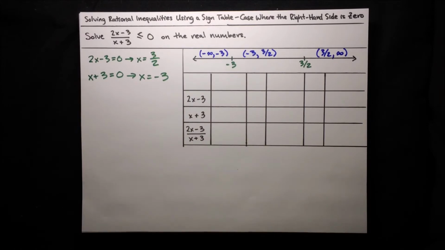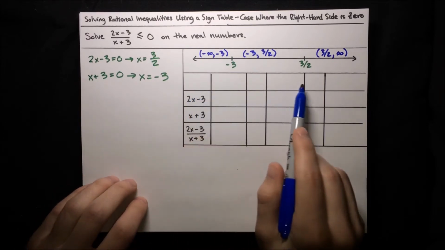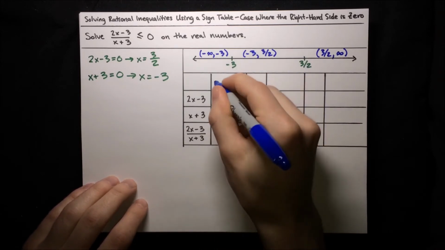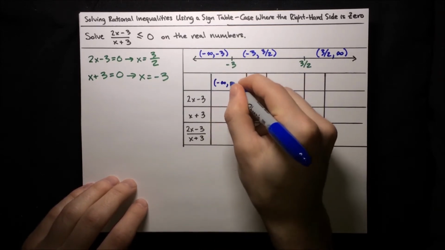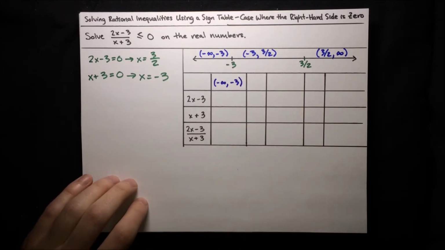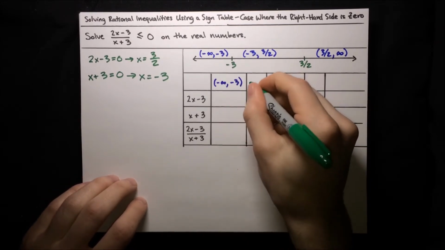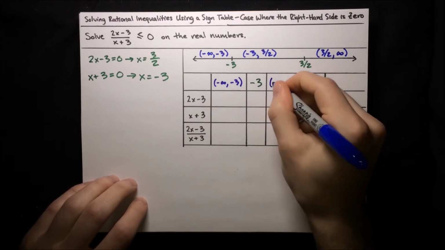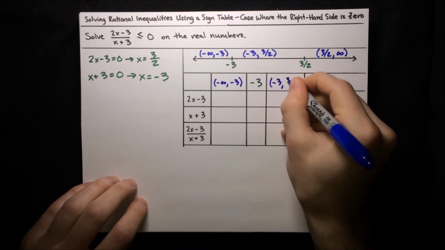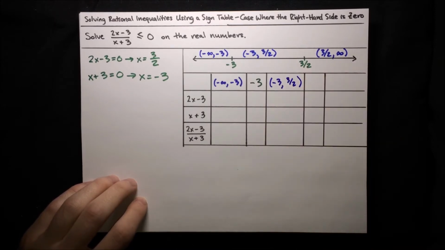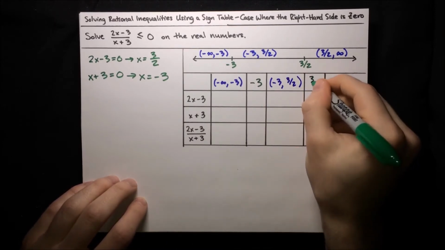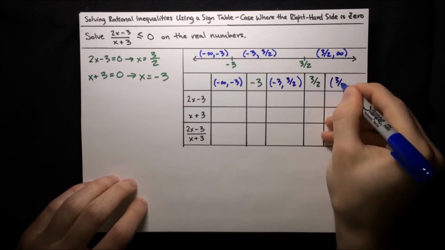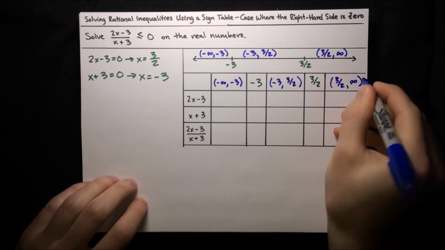So first of all, why don't we set up the top row of our sign table? That's the intervals and breakpoints here. There's the interval negative infinity to -3, followed by a breakpoint of -3, then the interval -3 to 3/2, then a breakpoint of 3/2, and then our last interval of 3/2 to infinity.